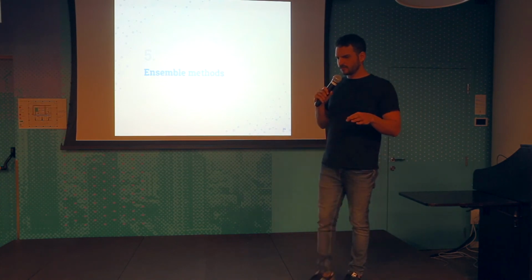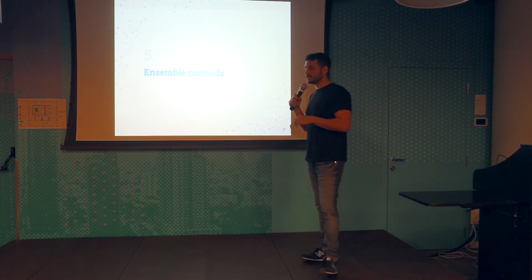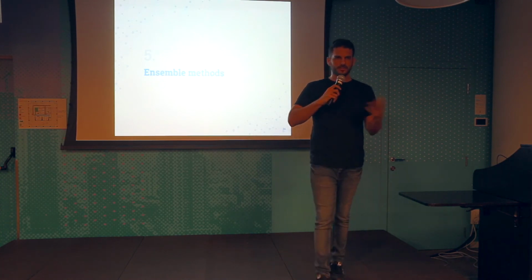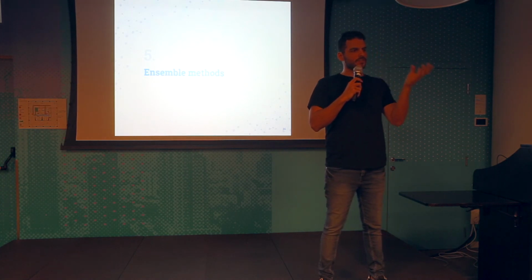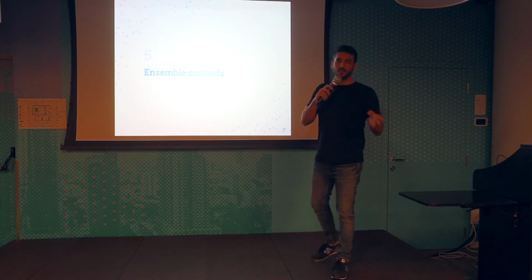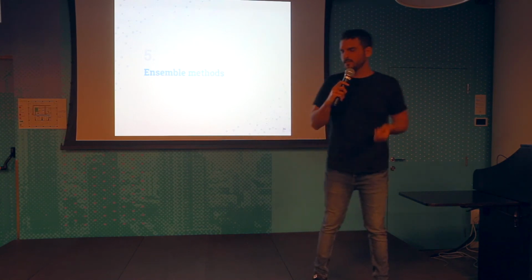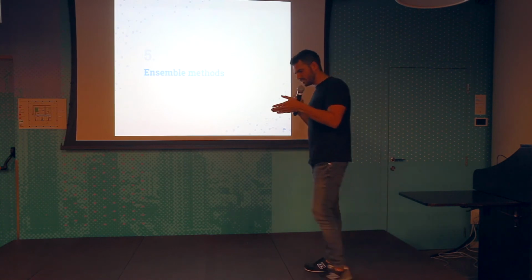We're going to move away from resampling for a second. We're going to talk about ensemble methods, which is our third and last topic. We talked briefly about modifying the loss function and penalizing it, and we talked a little about resampling methods.